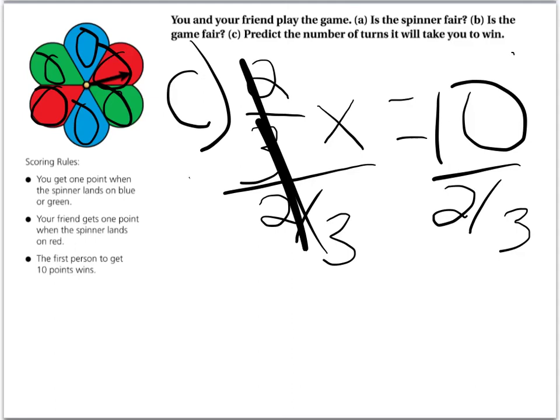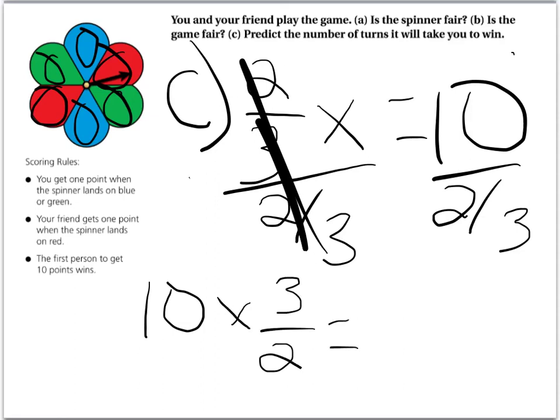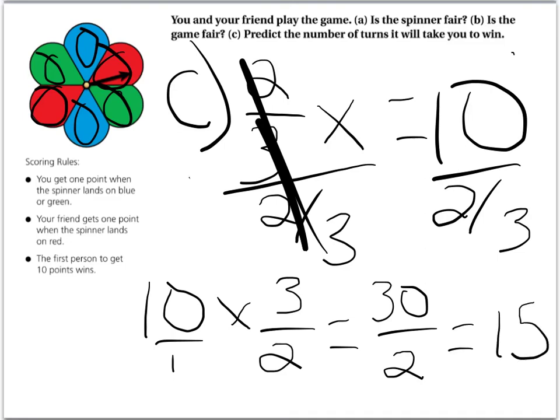These cancel out. I then have to divide 10 by 2/3. How do I divide by a fraction? I need to multiply by its reciprocal. Make that a fraction. 10 times 3 is 30. 1 times 2 is 2. 30 divided by 2 gets me 15. So my theoretical probability is saying that it's going to take me 15 turns to win the game, versus obviously the other person, whose probability is not very good when it's only 1/3.